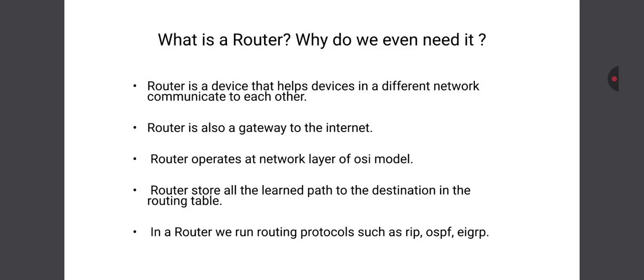We always take the best route to reach the destination. The router does the same. So the router stores all the best paths in this routing table, and based on the calculation and the routing table, it delivers the data packet to the destination.